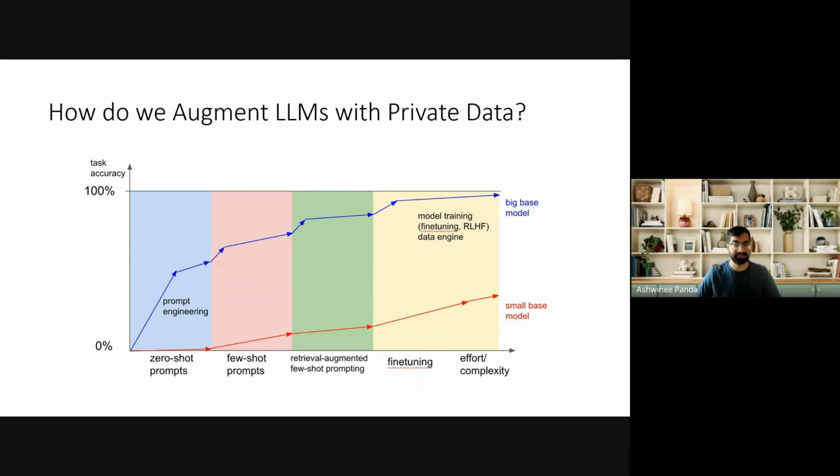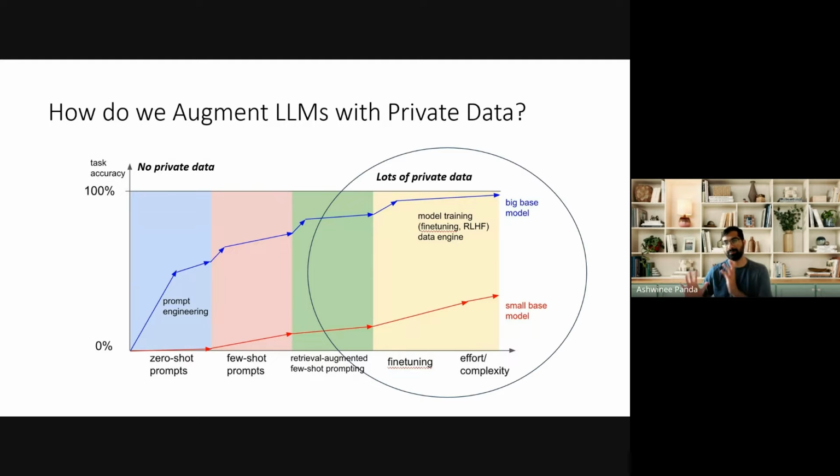A lot of the customized applications or enterprise applications that we build actually are going to be on the right side. And the more effort and the more data that we put into fitting these models to our data, the more we're going to have to worry about concerns like privacy, because the more private data we put in over on this side when we're doing fine-tuning or RLHF, the more we're going to have to take into account user privacy issues.